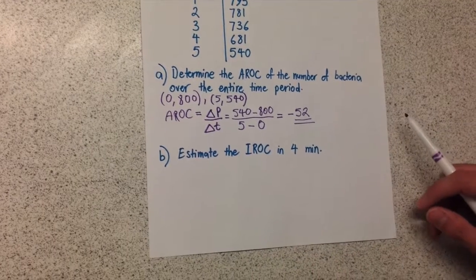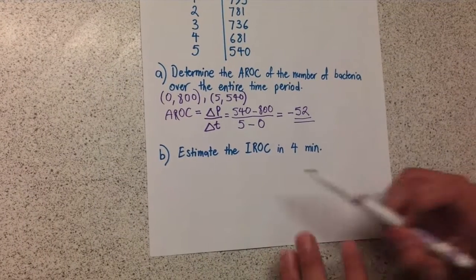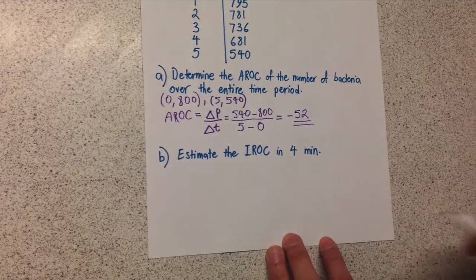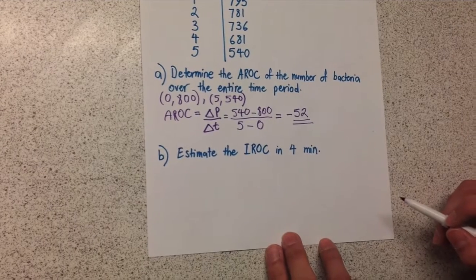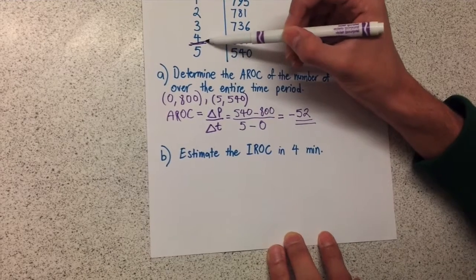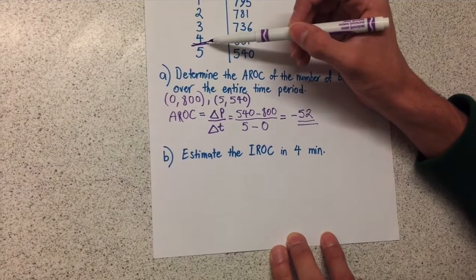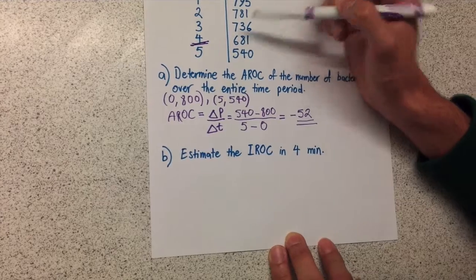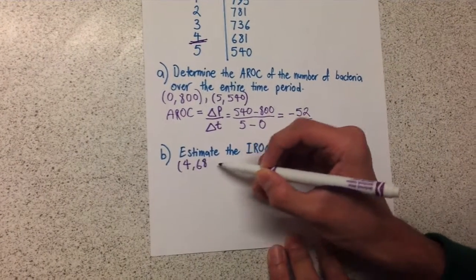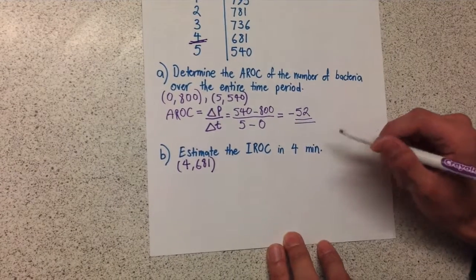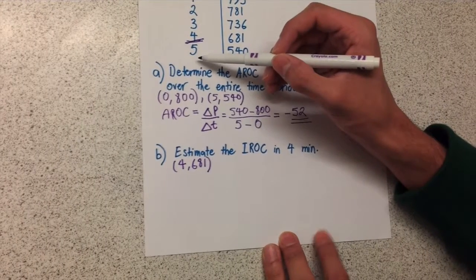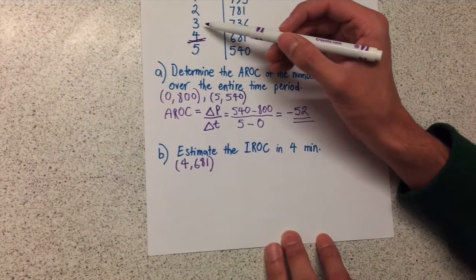Okay, now let's move on to the next part, which says, estimate the IROC at 4 minutes. To estimate the instantaneous rate of change at 4 minutes, meaning at this time only, we take the point at minute 4, which is (4, 681), and a point at the next minute, or the minute before it.